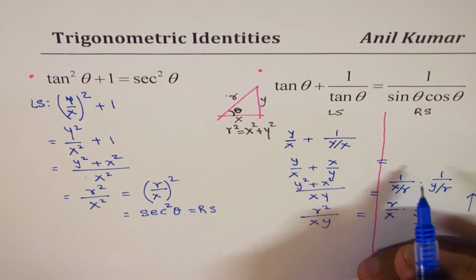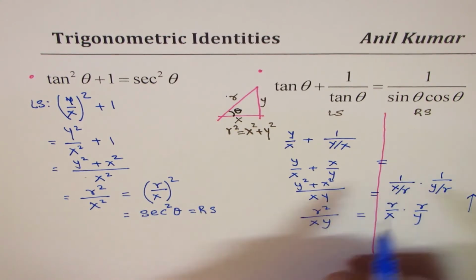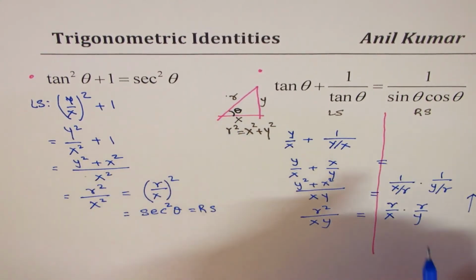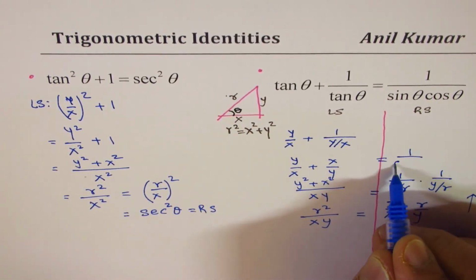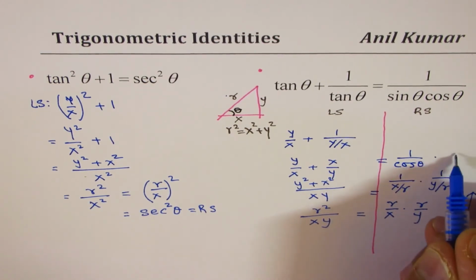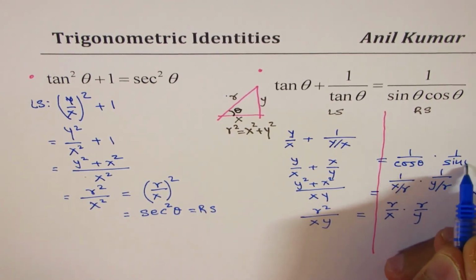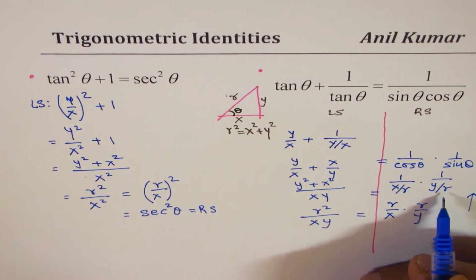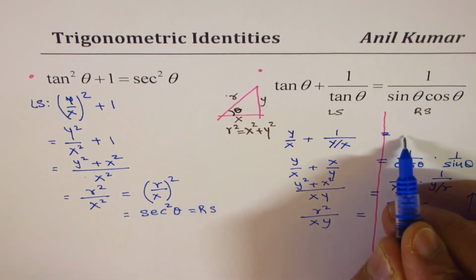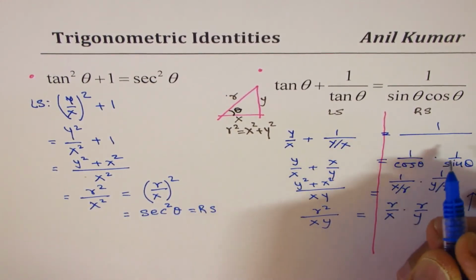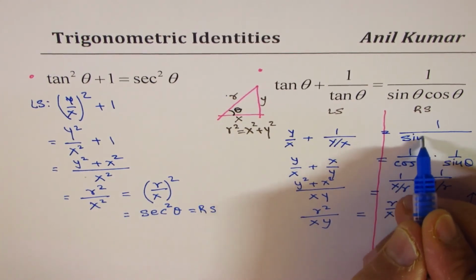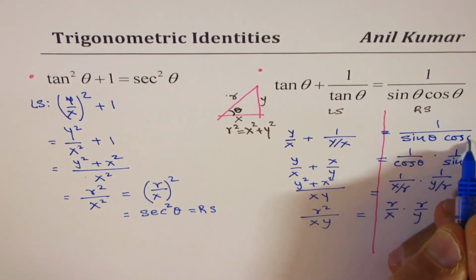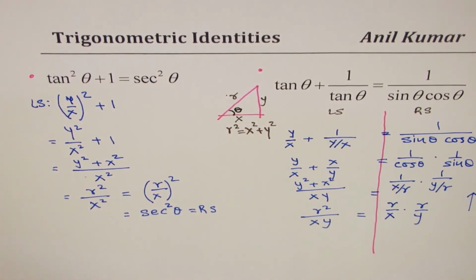Now if I move further, x over r is cosine theta, so I have 1 over cos theta times 1 over sine theta, since y over r is sine theta, right? And that really means that when you multiply, you could write this as 1 over sine theta cos theta. Does it make sense to you?